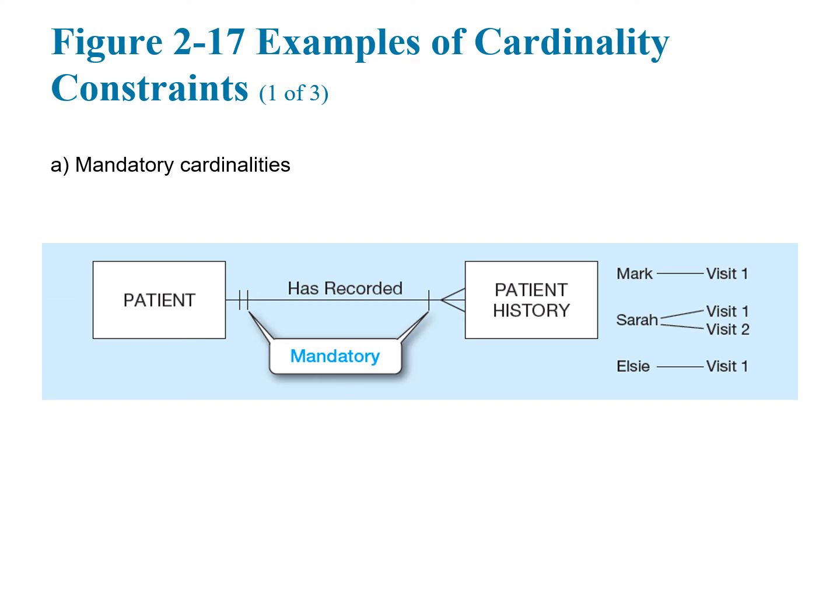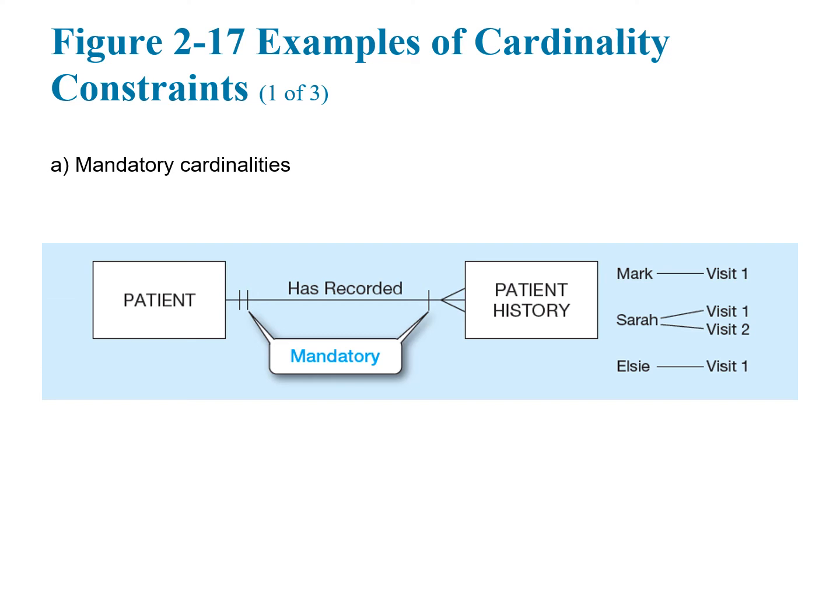Note the hatch mark versus the circle. The hatch mark illustrates mandatory cardinality, whereas the circle represents optional. This figure indicates that each patient must have had at least one patient history, mandatory, and could have many.